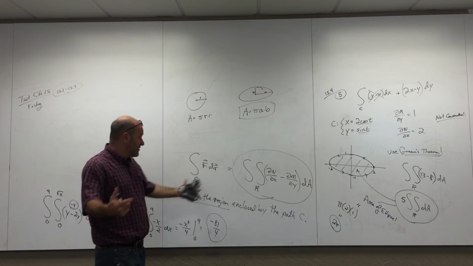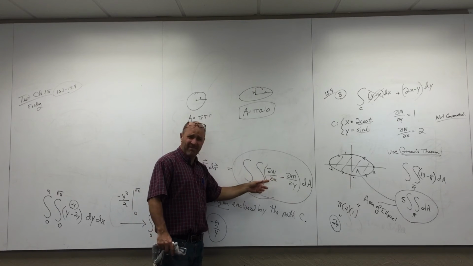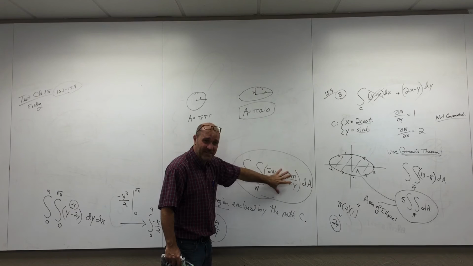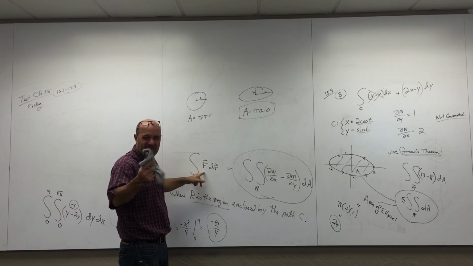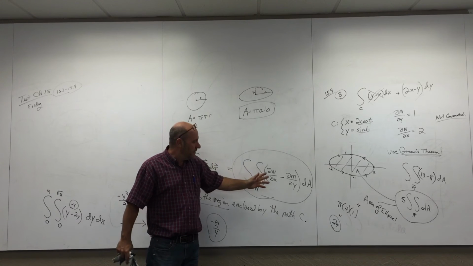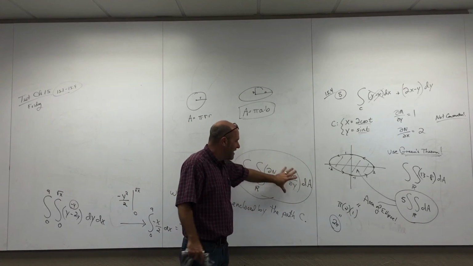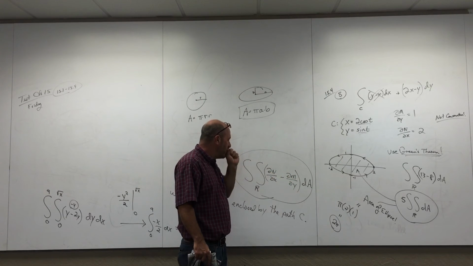So what you can say with Green's theorem is that the work done by a force field turns out to be the volume under this, whatever this is. It's not the volume under the force field. So you can think of this integral as volume. Maybe not.